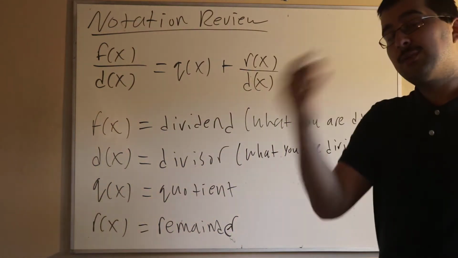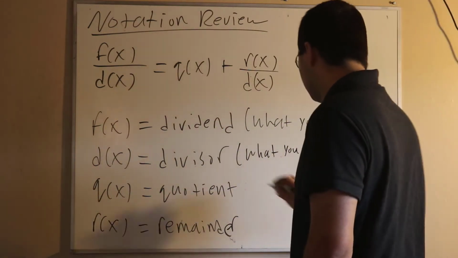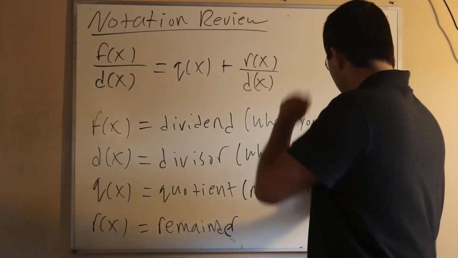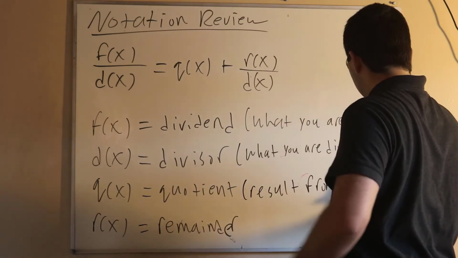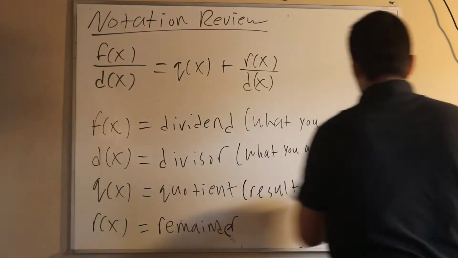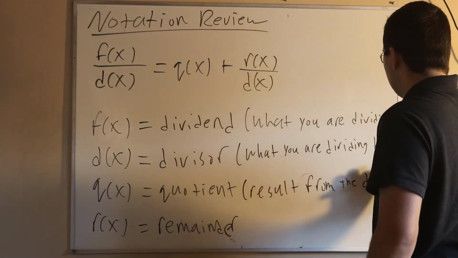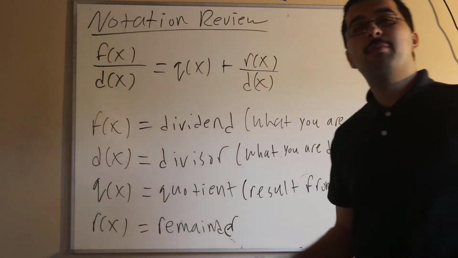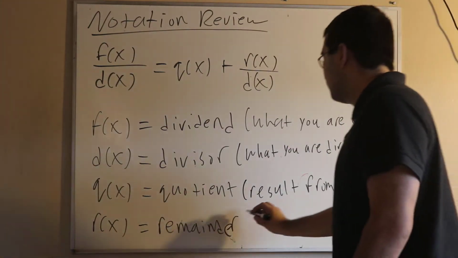Your quotient is the result of the division. And then your remainder is whatever's left over.